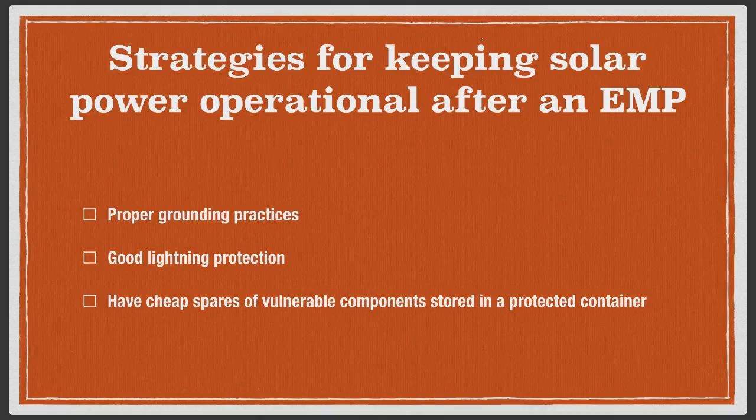And I just don't trust the claims that some are making that their system is hardened against an EMP. So in my mind, it's so much simpler, easier, and more foolproof to just get some cheap backup components and store them in a protected container. And then if your existing components are damaged for any reason, you've got a backup on hand. And we'll talk about this more in just a minute.